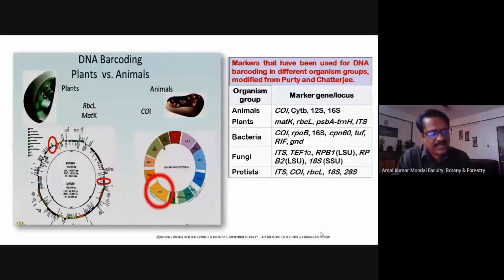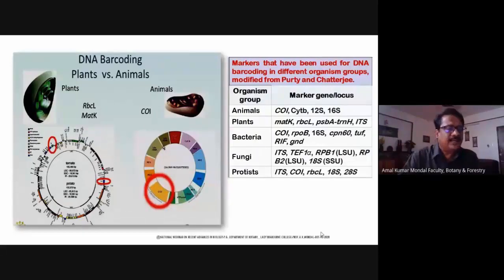Ideally, one gene sequence would be used for all taxonomic groups, from viruses to plants and animals. However, no such gene region has been found yet, so different barcodes are used for different groups of organisms.